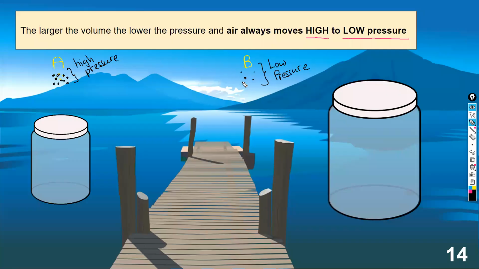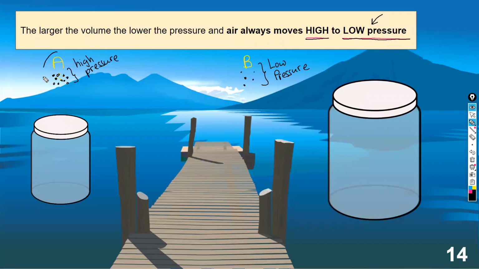How will the air particles move? Look at the note on top here. Will the air particles move from A to B, or will they move from B to A? Which direction do you think, based on the note, they will move? And I think most people are getting it correct. Air, or not only air, almost anything in nature always moves in this particular direction. It always moves from high towards low.